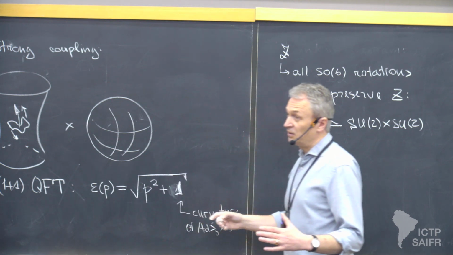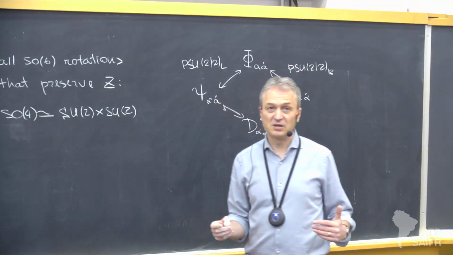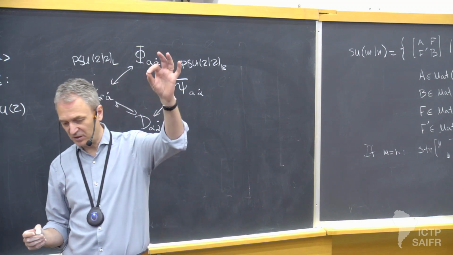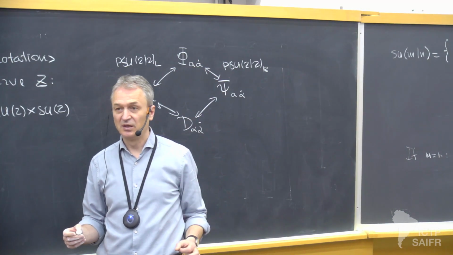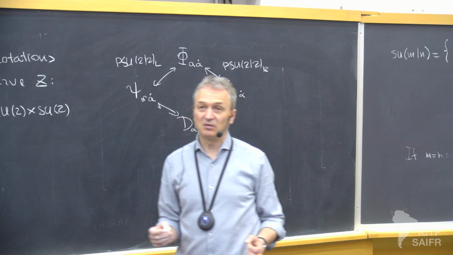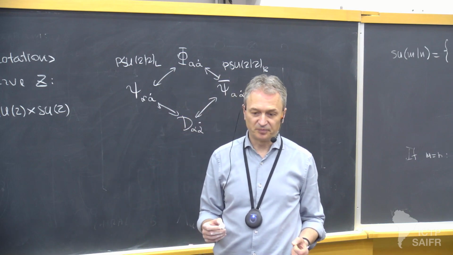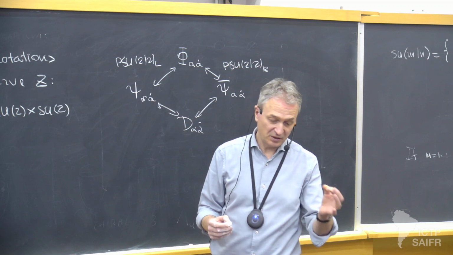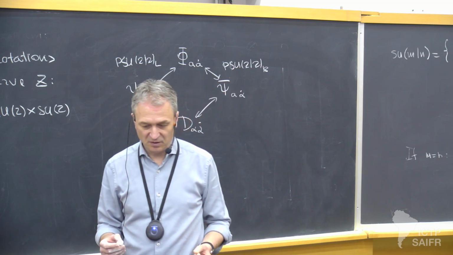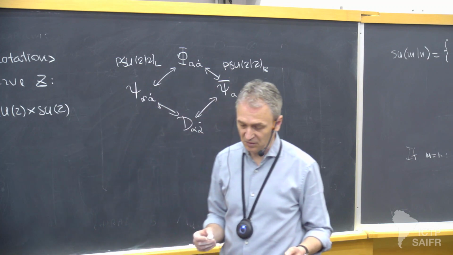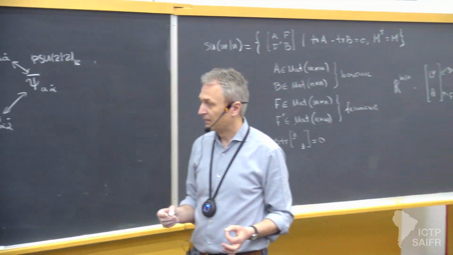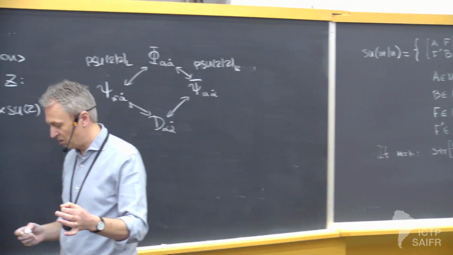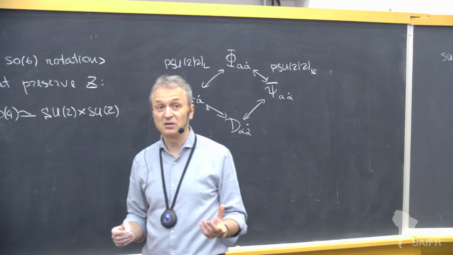At the technical level, what happens is you consider first the motion of the center of mass of the string, and then you expand. When you expand the kinetic energy of the string around the geodesic, there are quadratic terms in the deviations that are proportional to the curvature tensor.